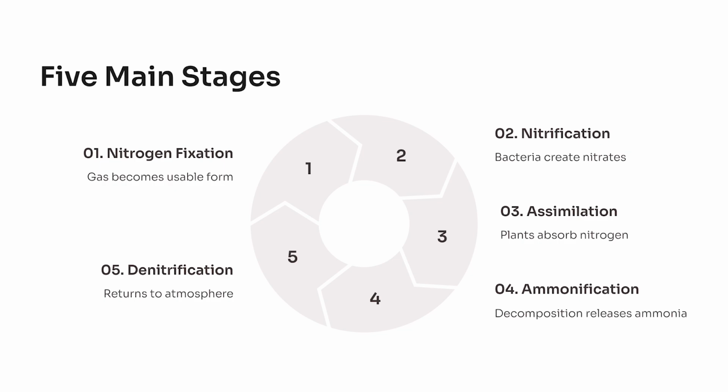When plants and animals die, or when animals produce waste, decomposers like bacteria and fungi break it down, releasing ammonia back into the soil. Stage 5 is denitrification. This is when other bacteria change the nitrate back into nitrogen gas, sending it into the atmosphere again.